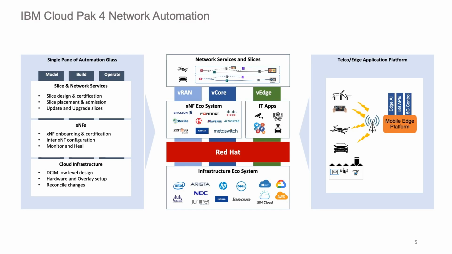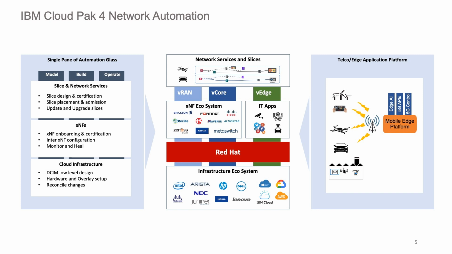Which leads us on to IBM's Cloud Pak for Network Automation. This is an offering that builds on IBM's heritage of managing hybrid clouds and taking a cloud native approach to full stack automation, and applying it to the networks of now and tomorrow.